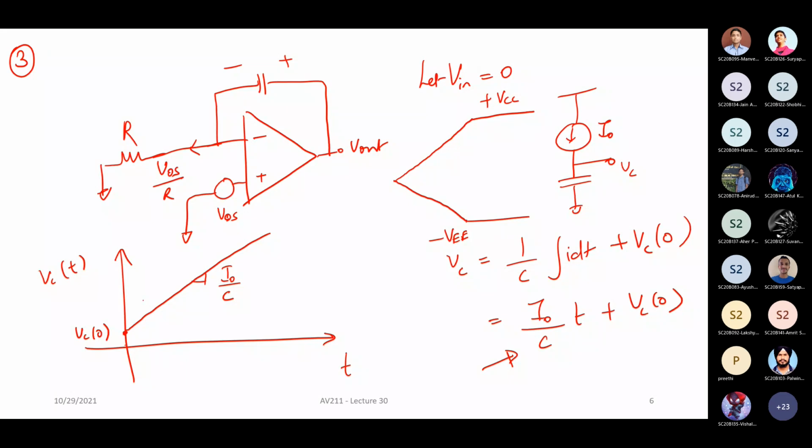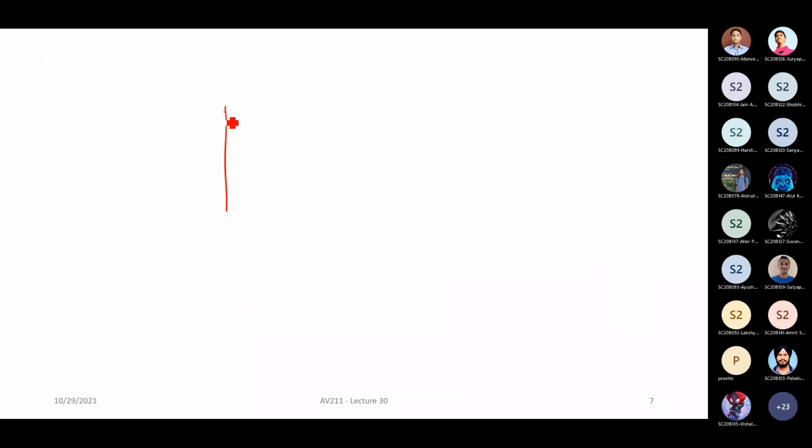Therefore, one of the solutions is to do what is called offset tuning or offset cancellation. Let us look at how to do offset cancellation. In the last class, or in the previous lab, you saw the two offset nulling terminals, correct?